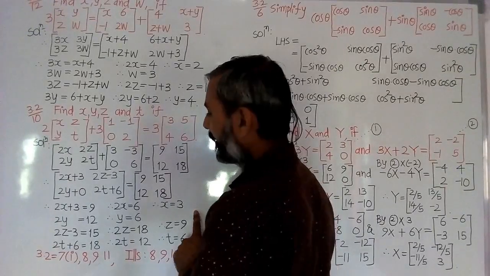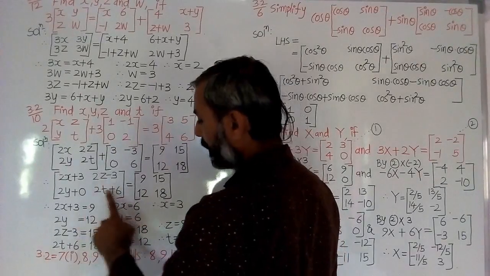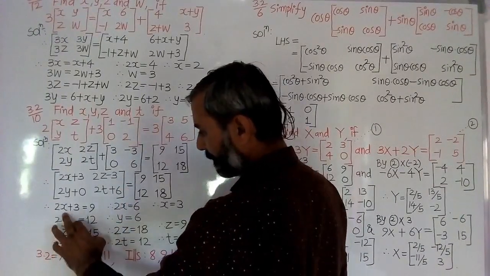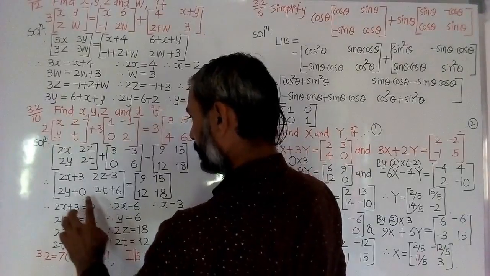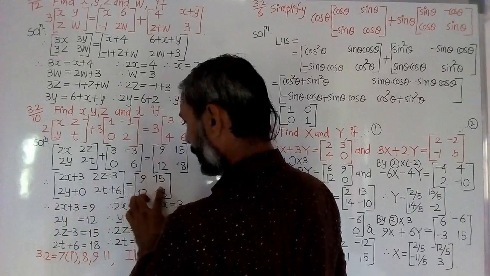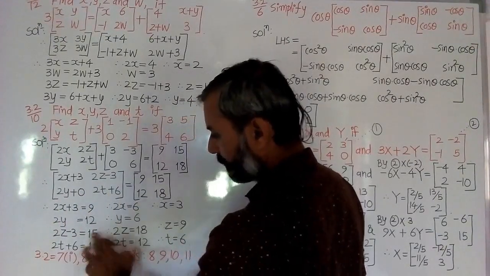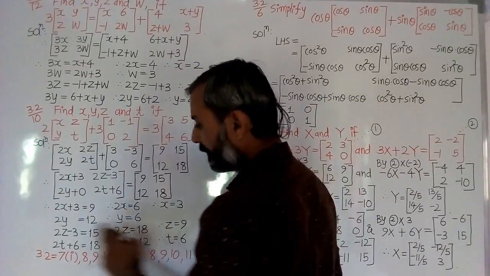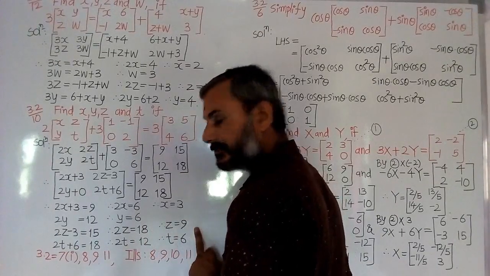Very simple. Next, corresponding elements comparison. So 2z minus 3 equals 15. Minus 3 to the left side, so addition to 15, it will be 18. So 2z equals 18, z equals 9.